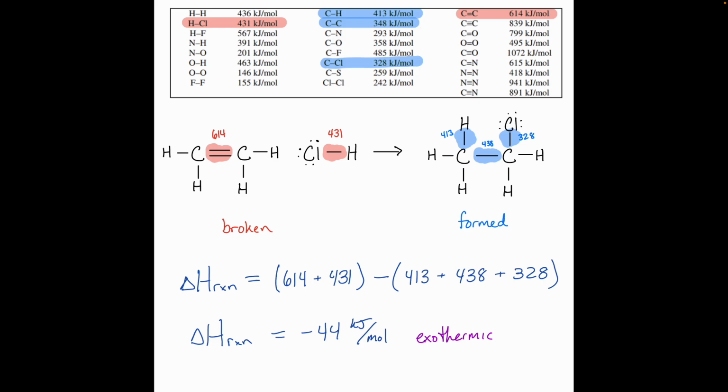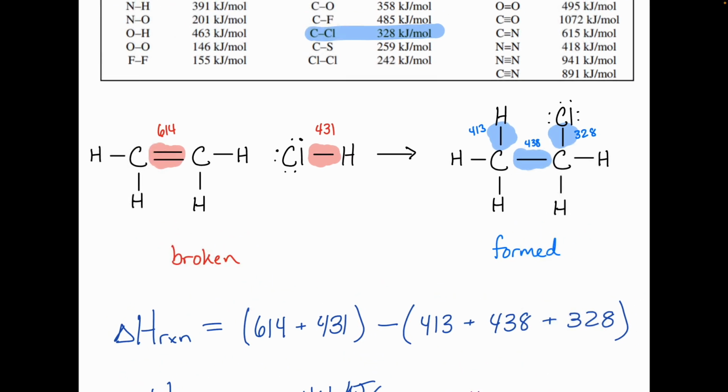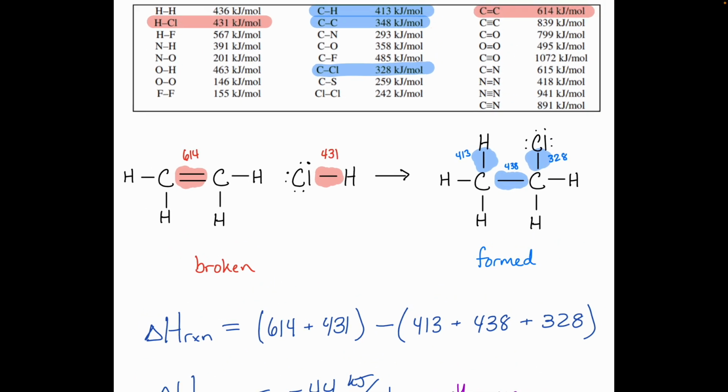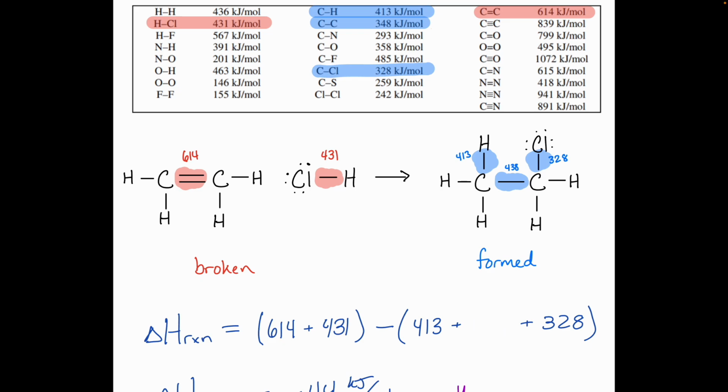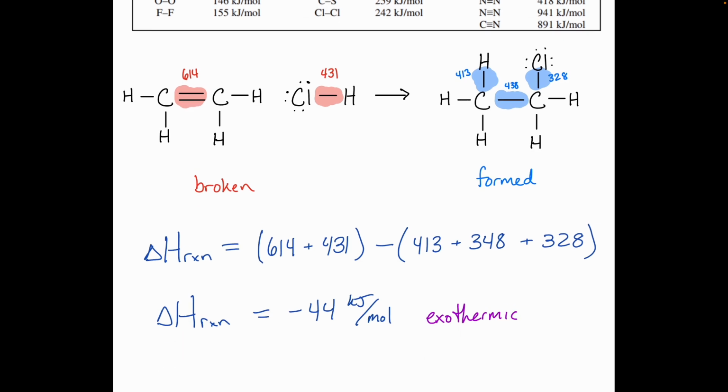Oh, hold on. I messed that up. 438. My bad. 328. Did I copy that wrong? Okay. 413. Oh yeah, that is what it was. 348. So wait, was I right? And then 328. 340. Oh, the negative 44 was right? Yeah, negative 44.